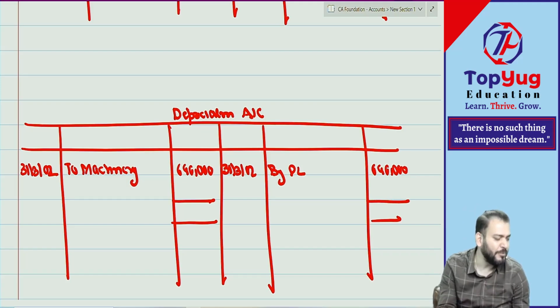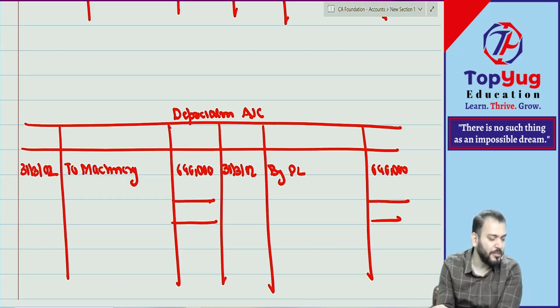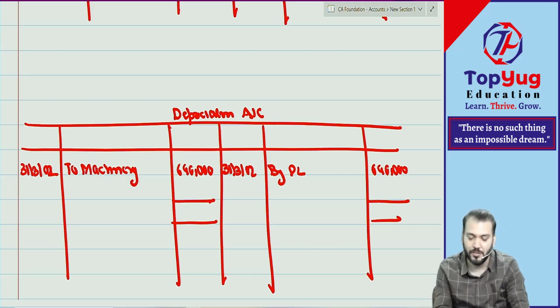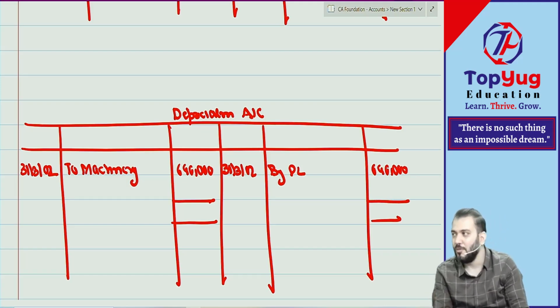There is some method, the annuity method, which I think is not in your syllabus. So I need to just cross check. I think apart from the annuity method, all methods we have done. I need to cross check. Do you have the accounts book, ICAI?